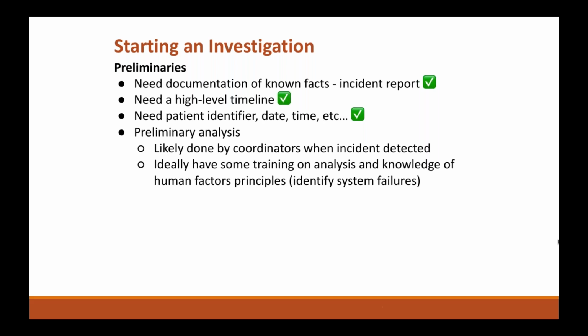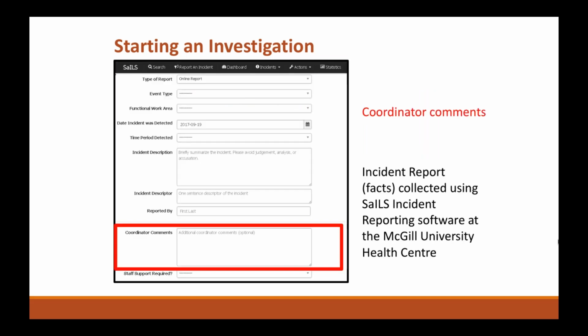And the preliminary analysis will likely be done by the coordinators or other team members when the incident was first detected. And ideally, the people doing the preliminary analysis will have some training and some knowledge of human factors principles, so that right at the outset, they can help identify failures in the larger system that we may want to address.